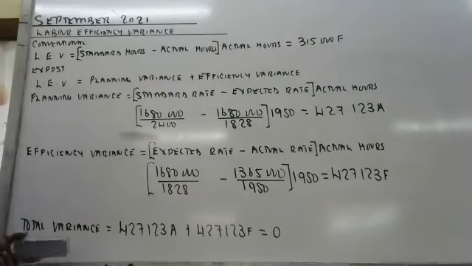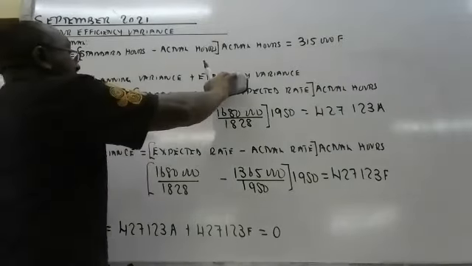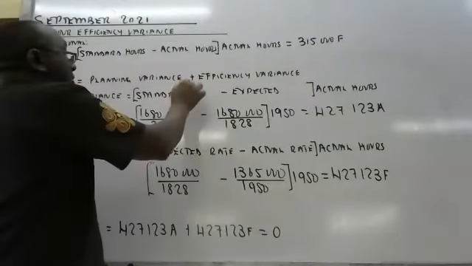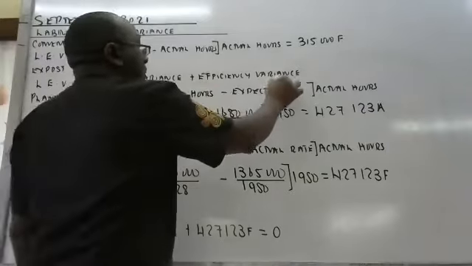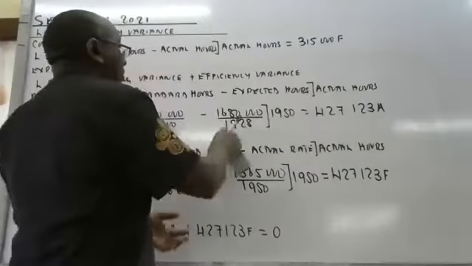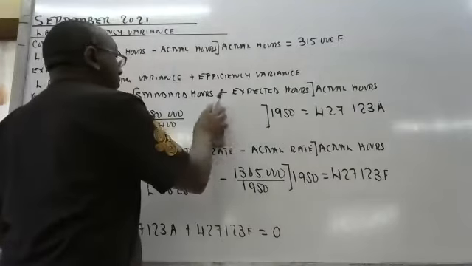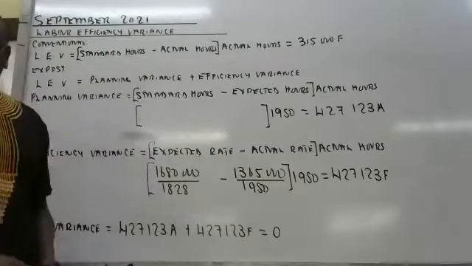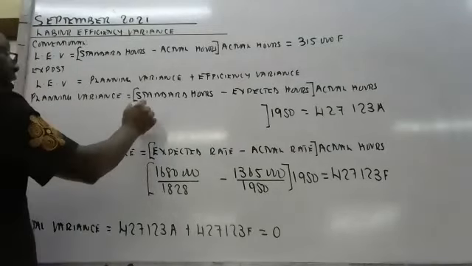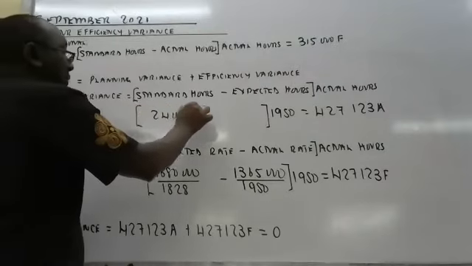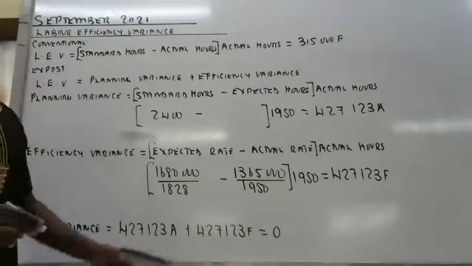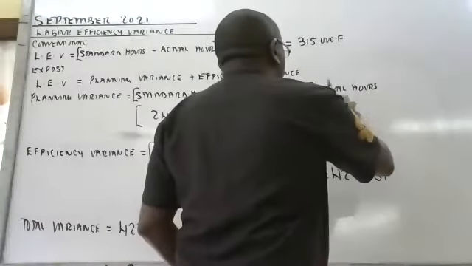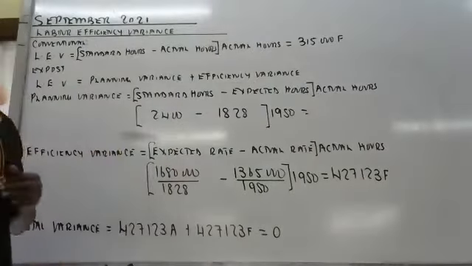Good, now for the planning. Planning again, you can see the format of the formulas. This is the standard hours minus the expected hours. The standard hours, as we have been saying, are those of the budget, which are 2,400, minus the expected hours, the one that we computed, 1828. So work out and give me the answer.